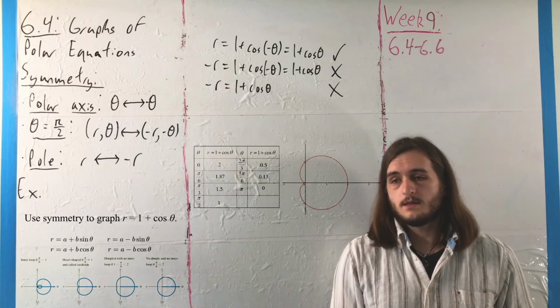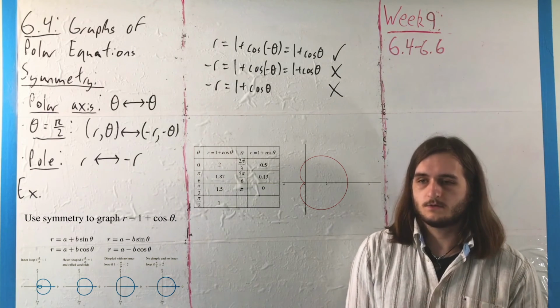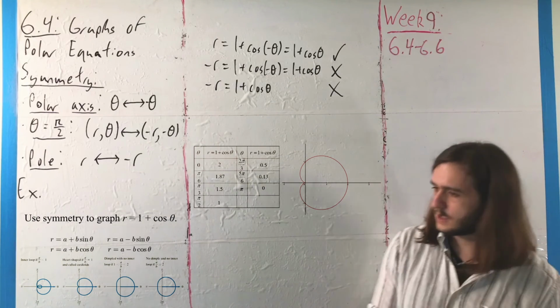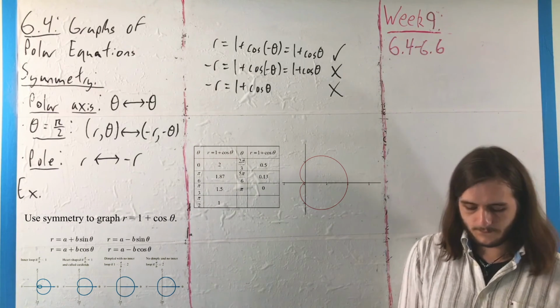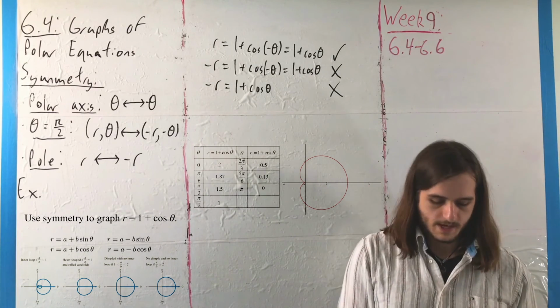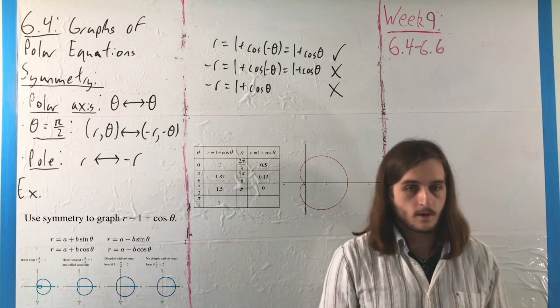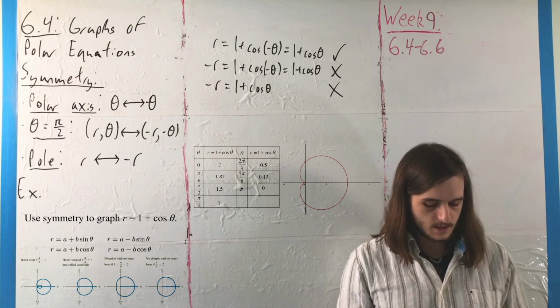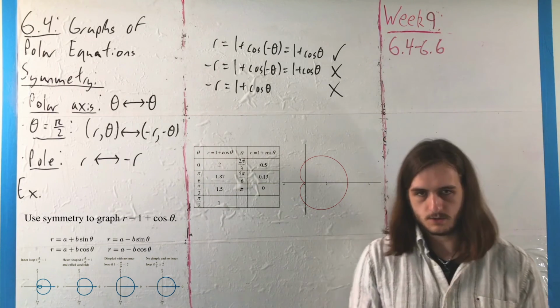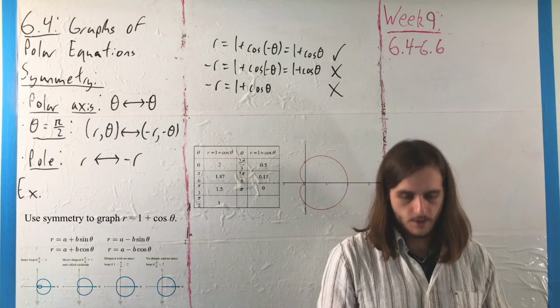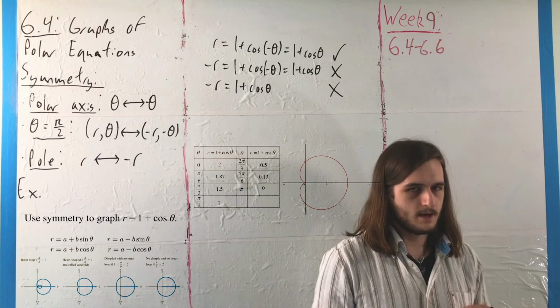But anyway, these graphs, limaçons, say limacons if I'm feeling lazy, or even snails if I'm feeling lazier, are of form r equals a plus b sine theta, or minus b sine theta, or a plus b cosine, or a minus b cosine, and generally fall into those sort of heart-shaped patterns.